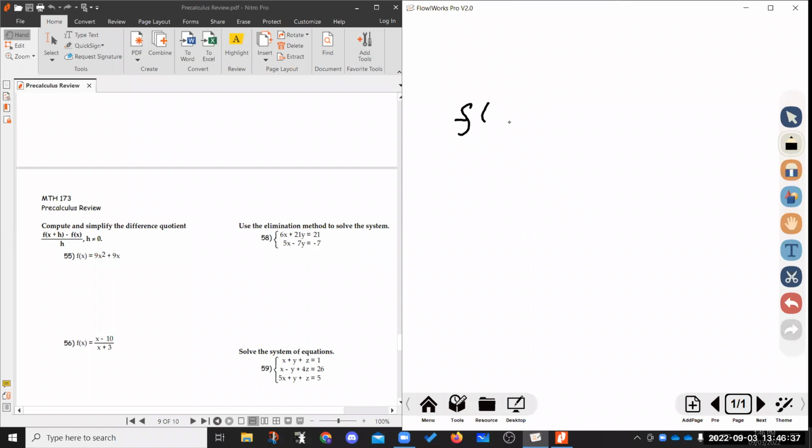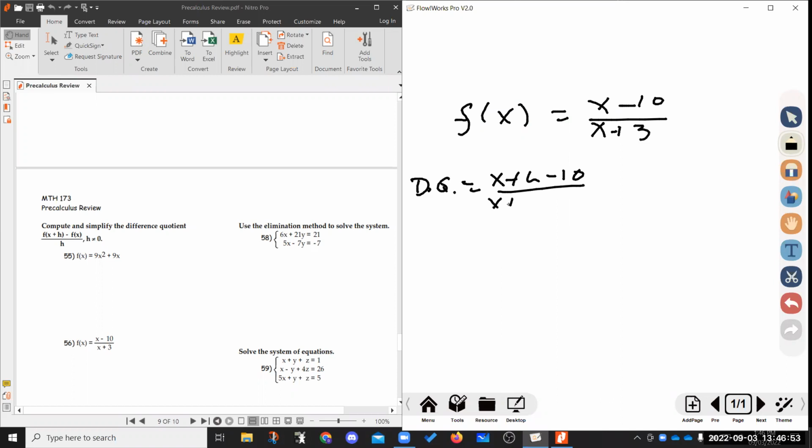Now we're going to do f of x is equal to x minus 10 over x plus 3. So we're going to find the difference quotient here, which is going to be f of x plus h minus the original f of x, all divided by h.